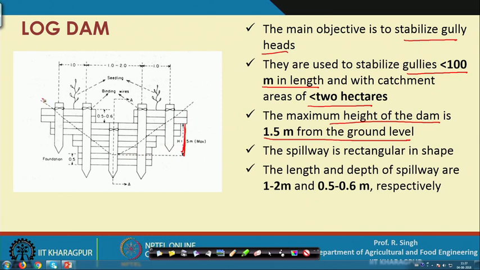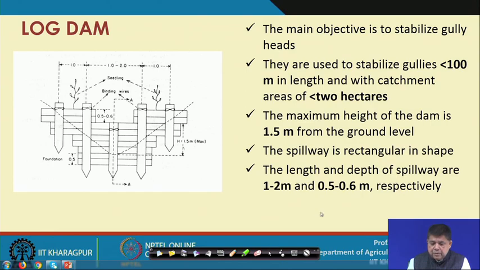This is the natural ground, and the spillway is rectangular in shape. A typical rectangular spillway is provided, that is in most of the cases either rectangular or semicircular, and the length and depth of the spillway are 1 to 2 meters and 0.5 to 6 meters respectively. So, this is 0.5 to 6 meters, and this spillway length is 1 to 2 meters. These are the typical dimensions which are recommended.